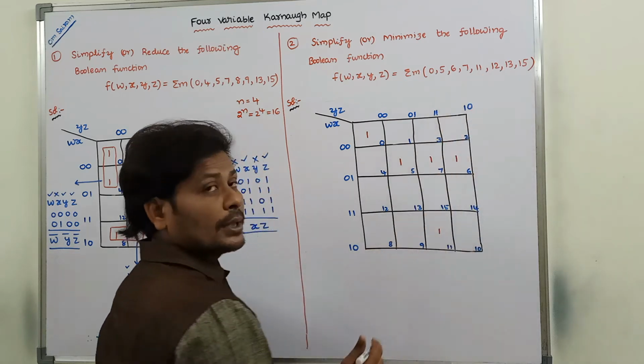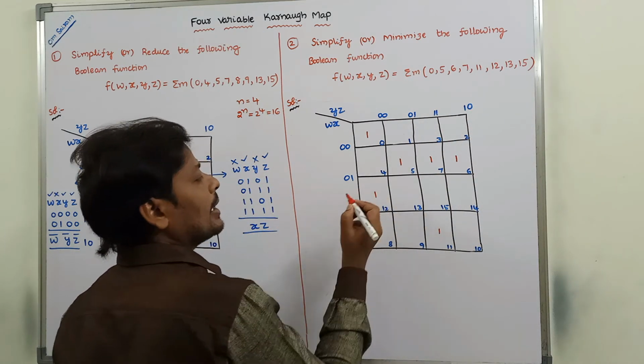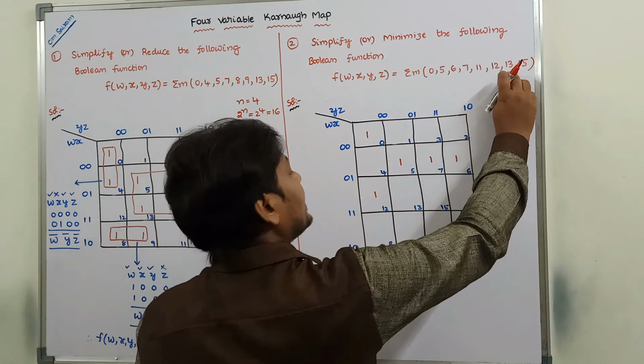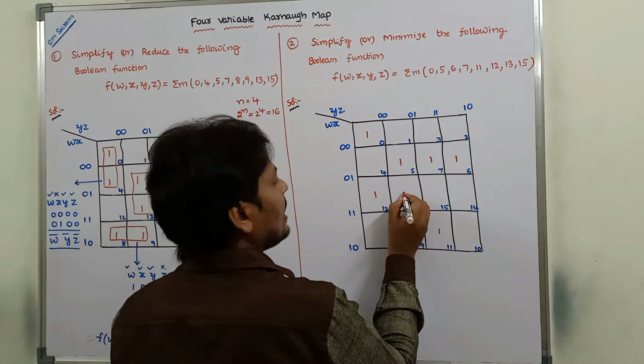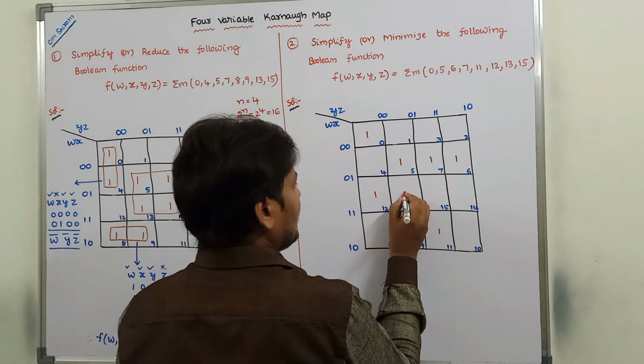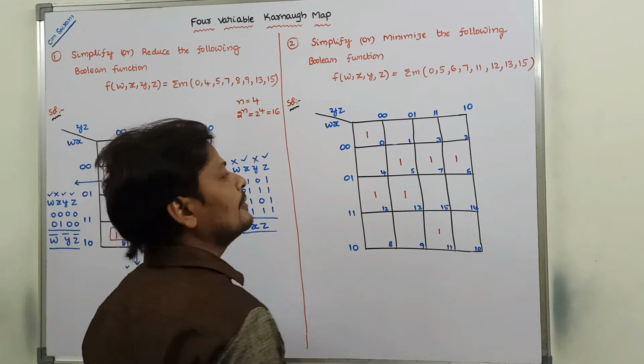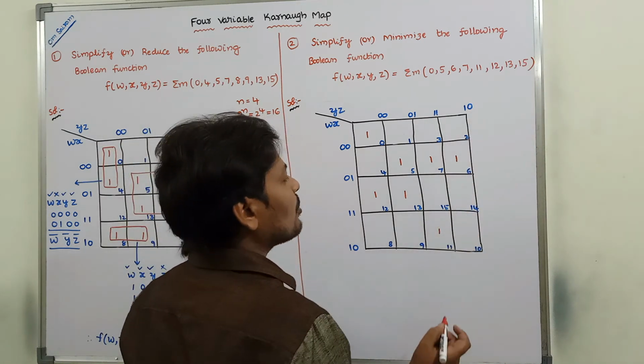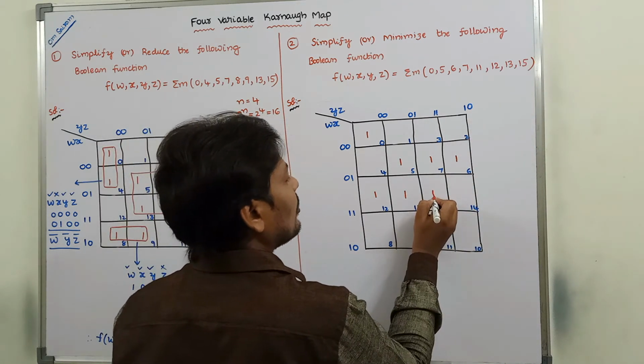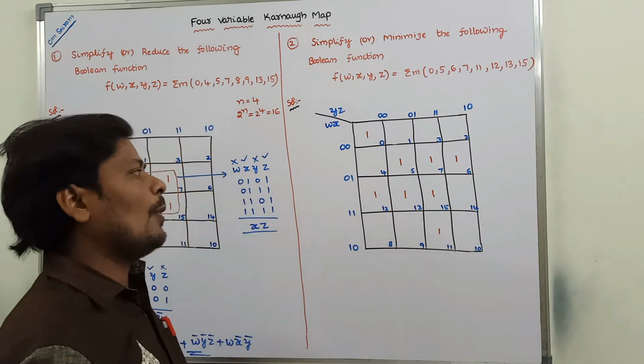12th min term, the corresponding cell is 12, we insert 1. 13th min term, the corresponding cell is 13, we insert 1. 15th min term, the corresponding cell is 15, we insert 1. Okay.